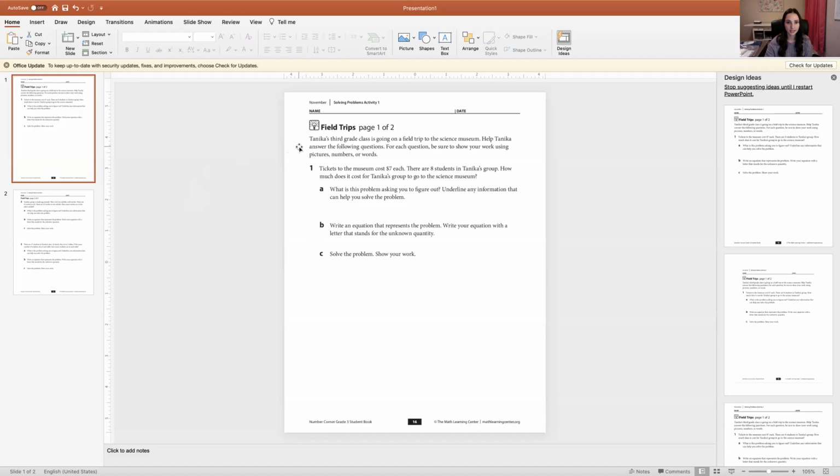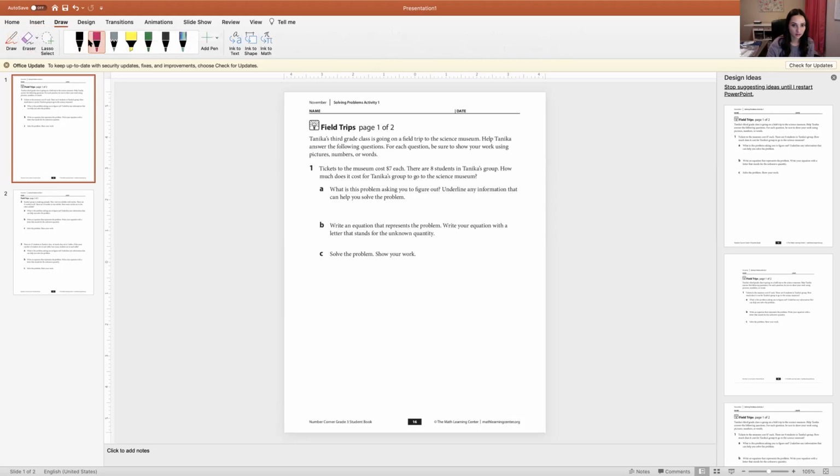So this says, Tanika's 3rd grade class is going on a field trip to the Science Museum. Help Tanika answer the following questions. For each question, be sure to show your work using numbers, pictures, or words. Okay, and if you do not have your Number Corner book, then go ahead and solve these problems in your math notebook.